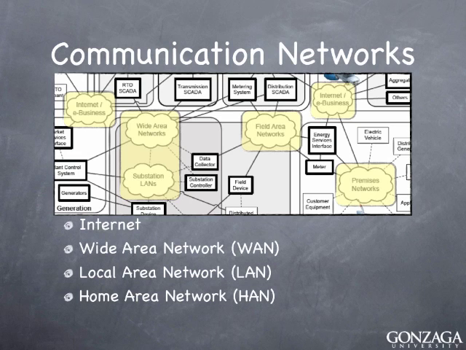IP, of course, is a very prevalent technology in communication networks, both on back office systems, traditional IT systems, and is becoming more and more the ubiquitous standard for communication frameworks.